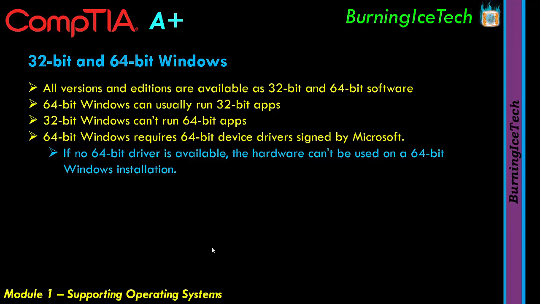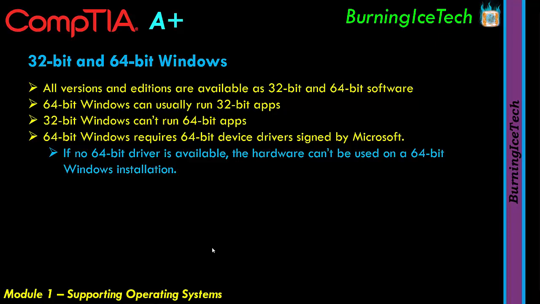If I'm running Windows 7 64-bit, I can only upgrade to Windows 10 64-bit. If you wanted to switch architectures, you would have to do what they refer to as a clean installation. You're going to have to wipe your PC and install a clean copy of Windows. In other words, you're going to have to manually back up all your data, which is a very tedious process. So yeah, I think we've pretty much covered Windows in a nutshell, at least for now.